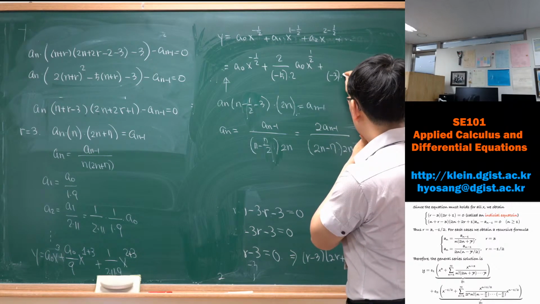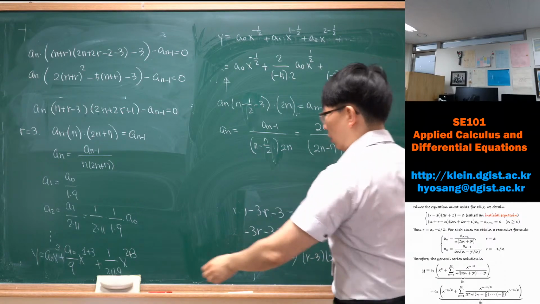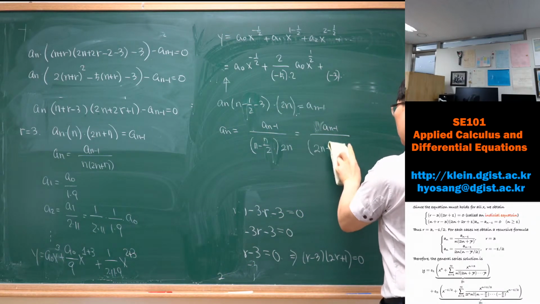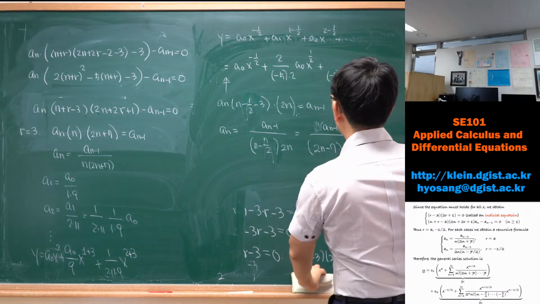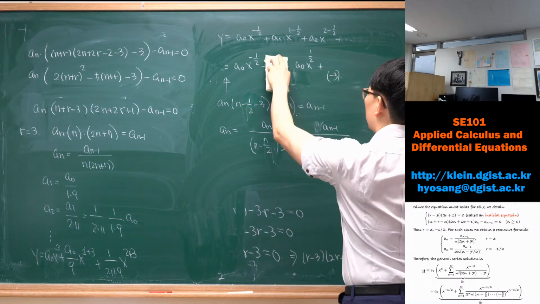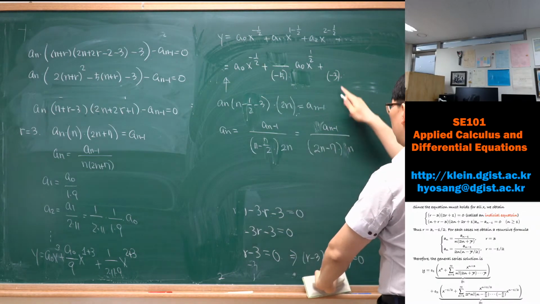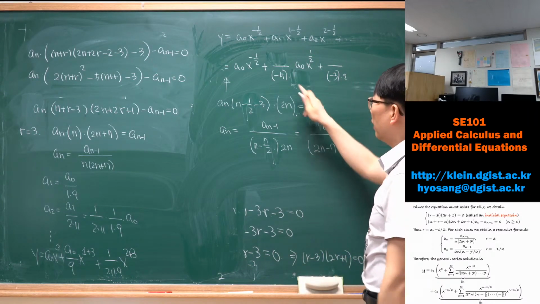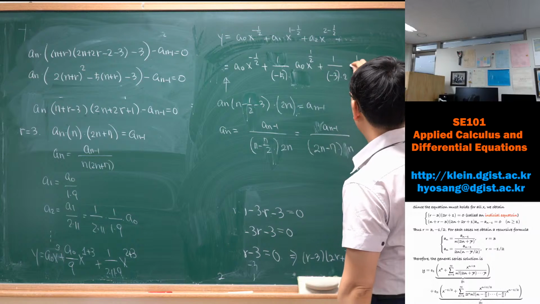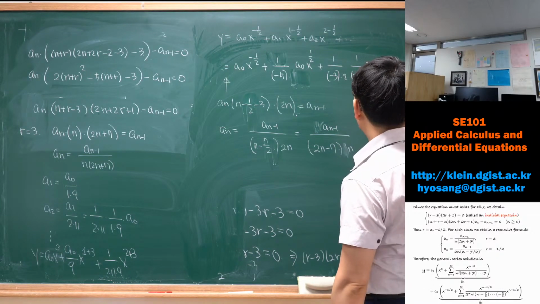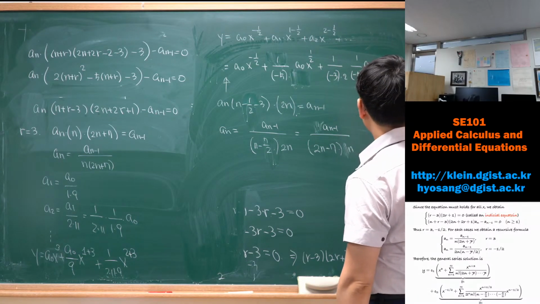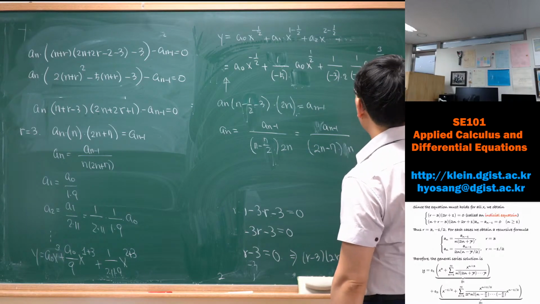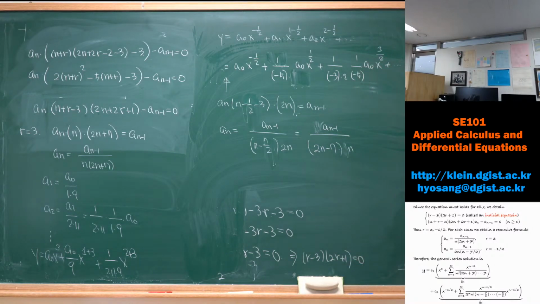We have minus 3 times, so by the way, I don't need 2 here, so I just delete 2. So when I plug in n equals 2, minus 3, and 2 times a_1, but I know what a_1 is, so that's 1 over minus 5, a_0 x to the power of 3 over 2, and so on, right?